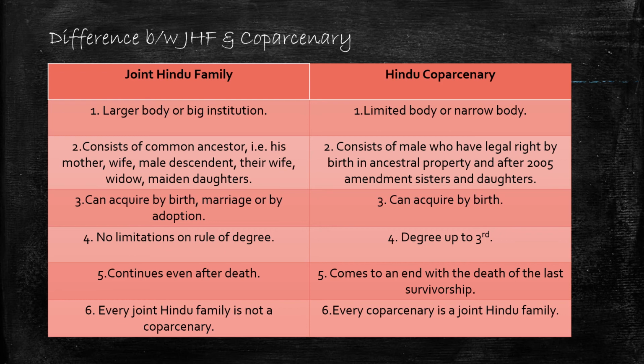Fifth difference is that joint Hindu family continues even after death, whereas Hindu coparcenary comes to an end with the death of the last survivor. Lastly, every joint Hindu family is not a coparcenary, whereas every coparcenary is a joint Hindu family.